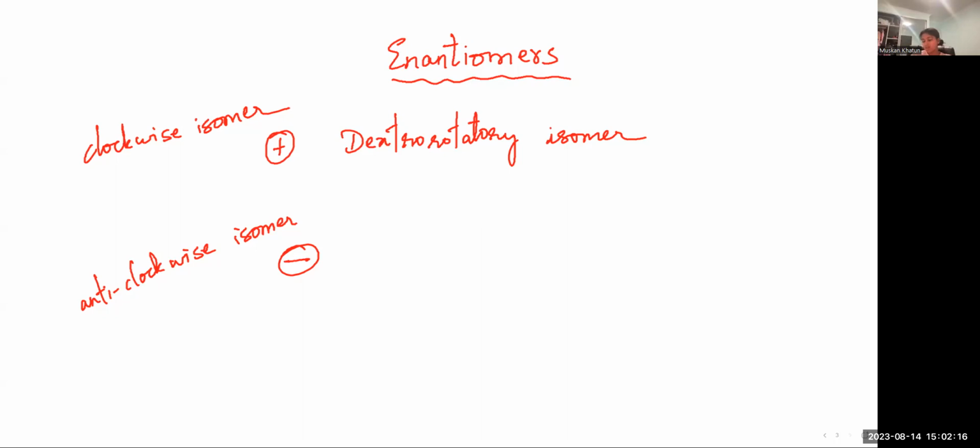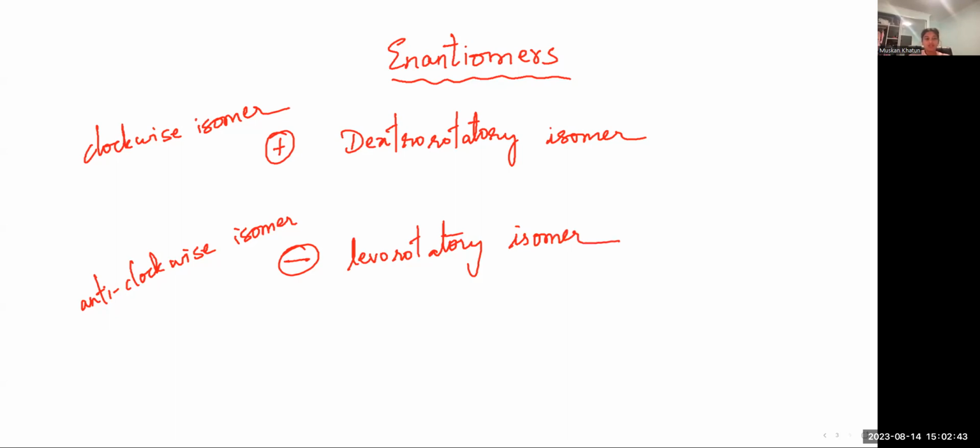So what we have seen is a positive enantiomer that rotates the polarized light in a clockwise direction. Then we call it a dextrorotatory isomer. The same thing, if it rotates in a counterclockwise direction, then we call that a levorotatory isomer. Anti-clockwise is the opposite way a clock goes, right? Exactly.